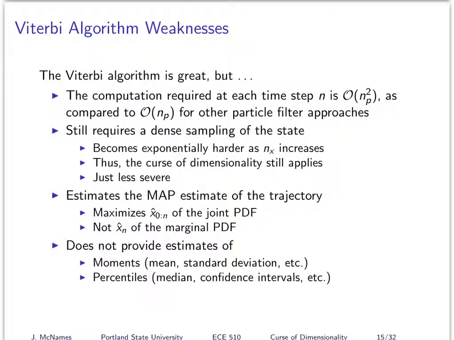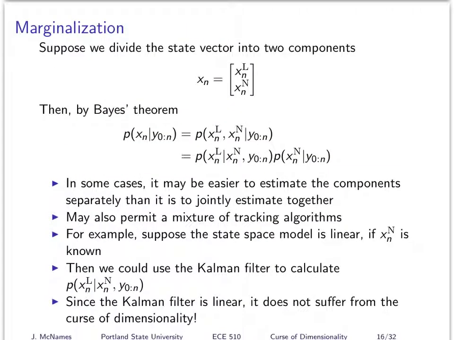But we also can't easily get percentiles or moments with a Viterbi algorithm. So there's trade-offs there. It's part of the reason that I'm covering it and other techniques. There isn't one technique that solves all of the problems. All right, this is a genuine solution to the problem, although it doesn't work for everything. It only works in some cases.